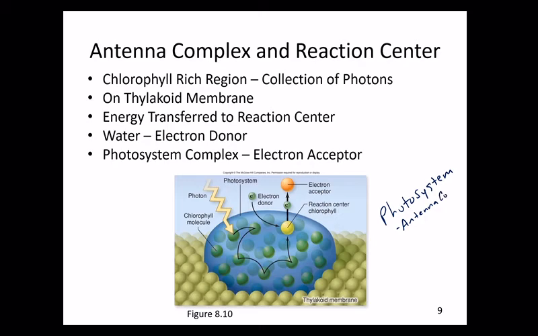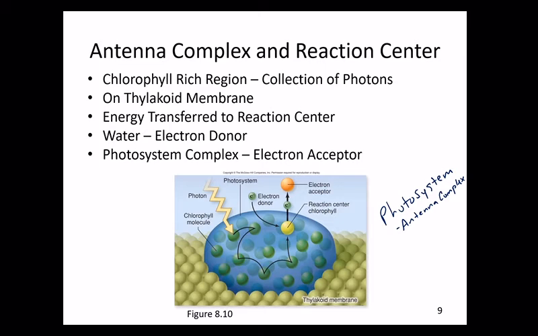And the antenna complex is going to be the portion of the photosystem that will contain a high concentration of the pigments, and they're going to act to collect the light. So all around here would be the location where we see the antenna complex.